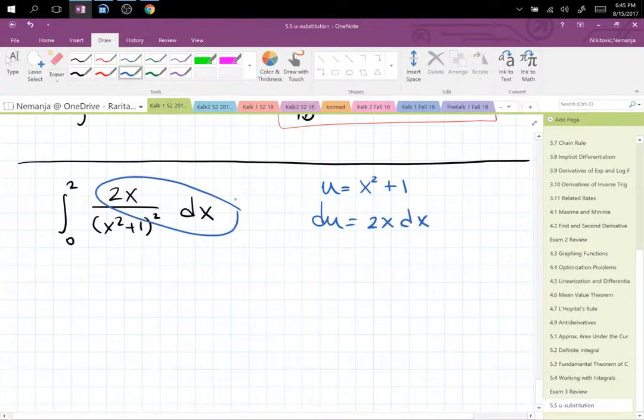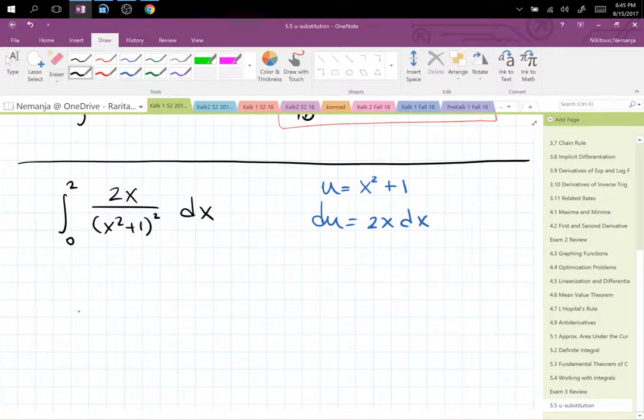Observe that we have 2x dx, so that's going to be du. So we now get the integral of u to the minus 2 du. x squared plus 1 is u, so we use squared. It's in the denominator, so it goes up as a negative 2.